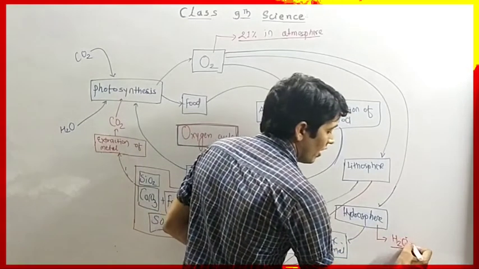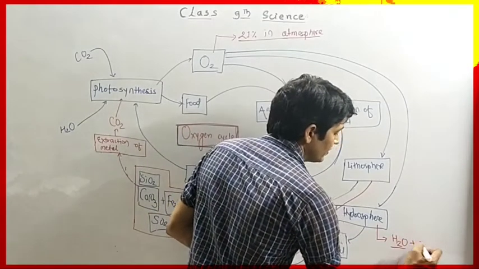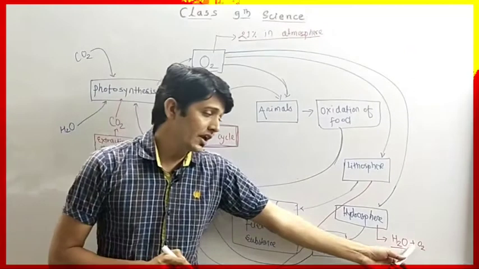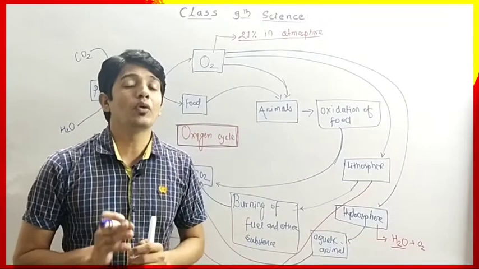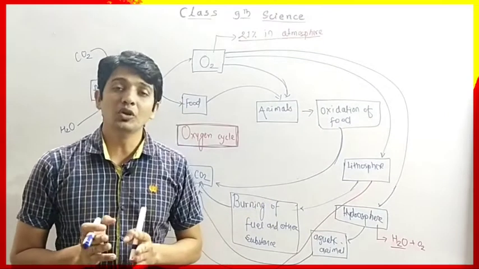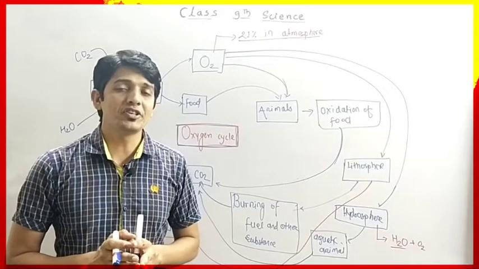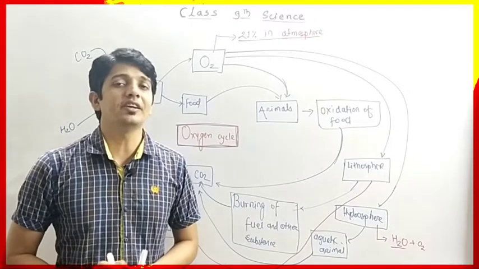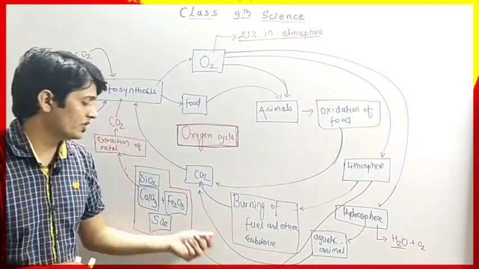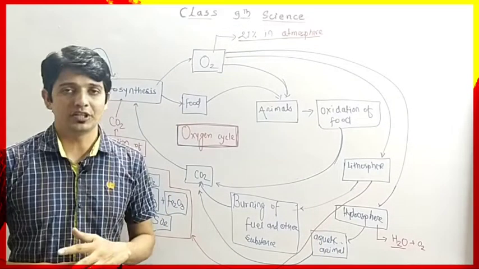Along with water molecules, oxygen is also present in dissolved form. That oxygen is absorbed by aquatic animals for the oxidation of food. That means they also perform respiration, external as well as internal respiration. Then they release carbon dioxide, which is again released into the atmosphere.